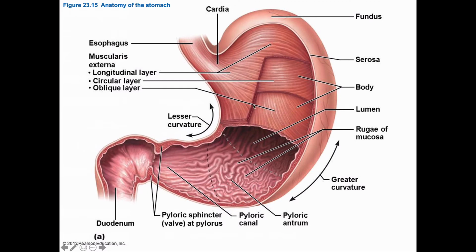Generally we mark a line here: fundus, body, and the antrum. This dotted line junction is the antrum. Understand? And this is the pyloric part of the stomach.